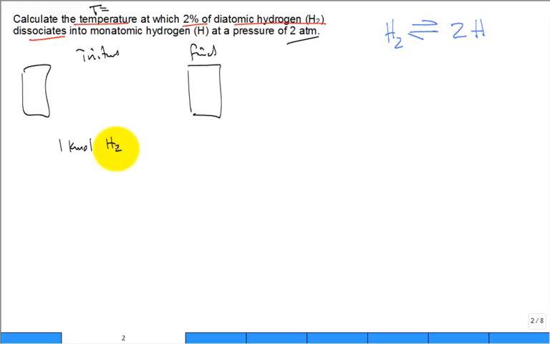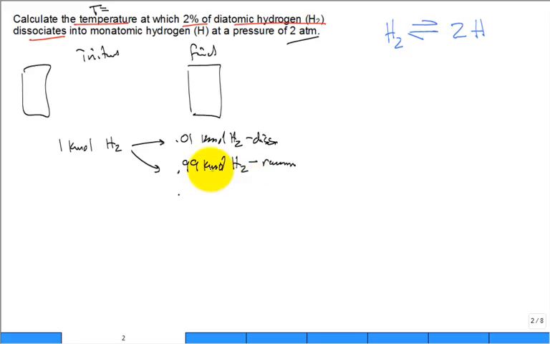And play the game in your mind and say, let's let it dissociate such that I have left over 0.99 kilomoles of H2, right? Well then, how many kilomoles of H2 dissociated? 0.01. So in this case, 0.01 kilomoles of H2 dissociate. This does not dissociate, it remains.